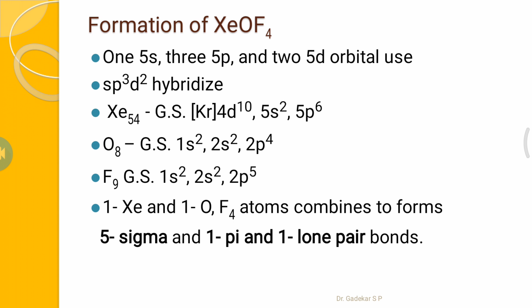So one Xe, one oxygen and 4 fluorine atoms combine to form 5 sigma bonds, 1 pi bond and 1 lone pair of electrons. It means 6 electron pairs are present in this molecule, so octahedral geometry is formed, and 5 sigma bonds means 5 bond pairs of electrons, so it has a square pyramidal shape.